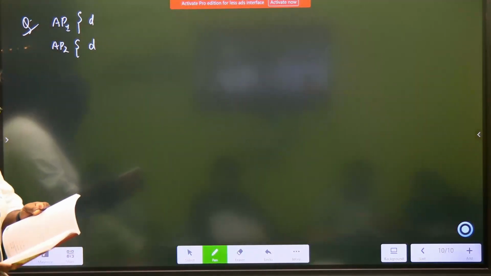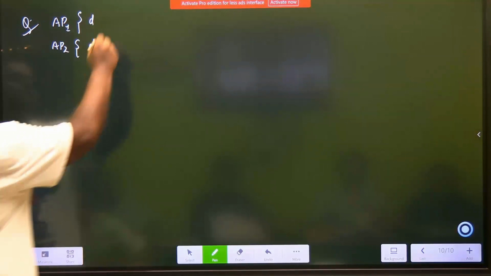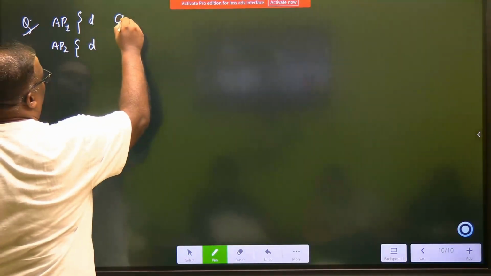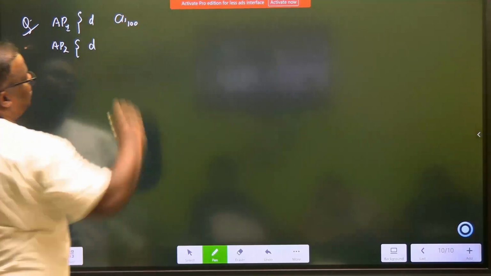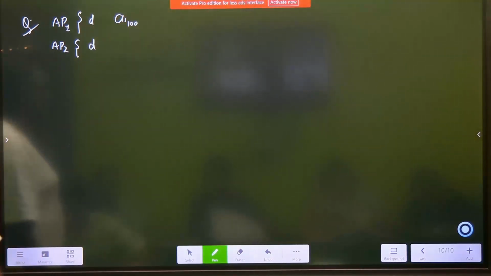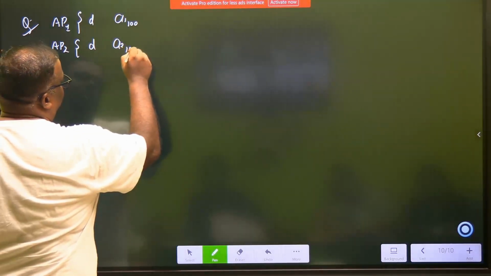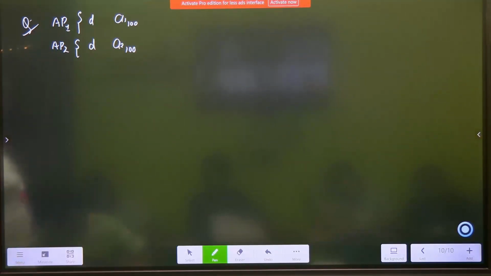The difference between their 100th term is 100. This is A100, the 100th term of AP1, and this is the 100th term of the second AP.